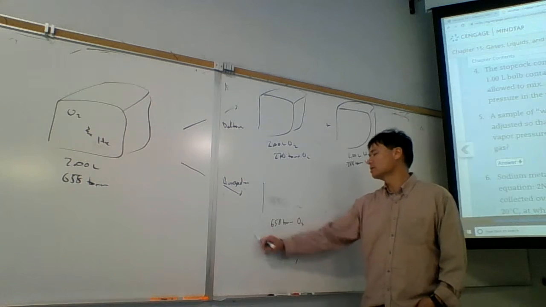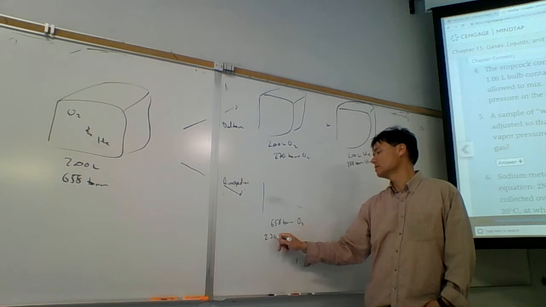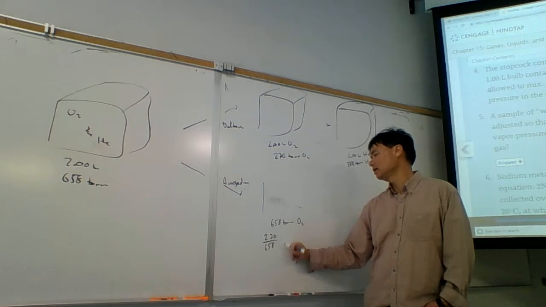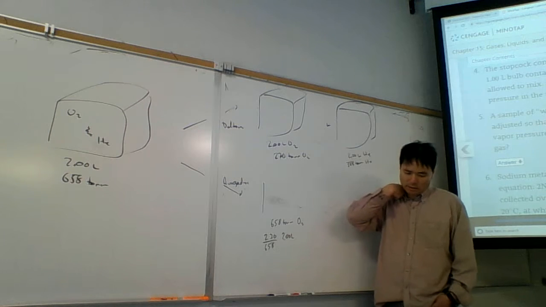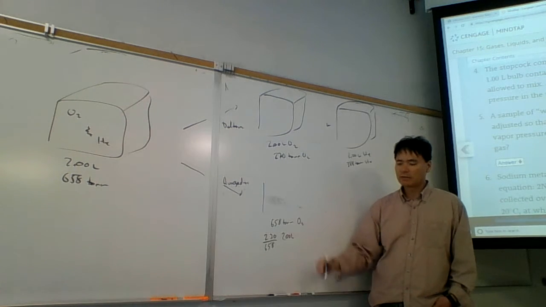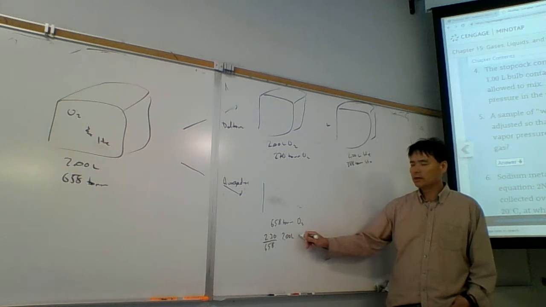The volume of oxygen would just take the pressure fraction, that is 270 out of a total of 658, times the volume, 2.00 liters. It's because the percentage by pressure is the same as the percentage by volume, which is the same as the percentage by mole.